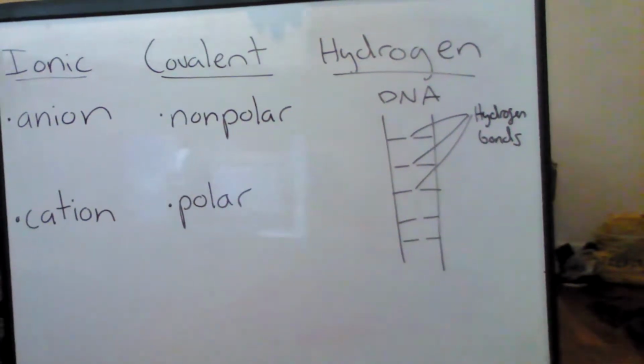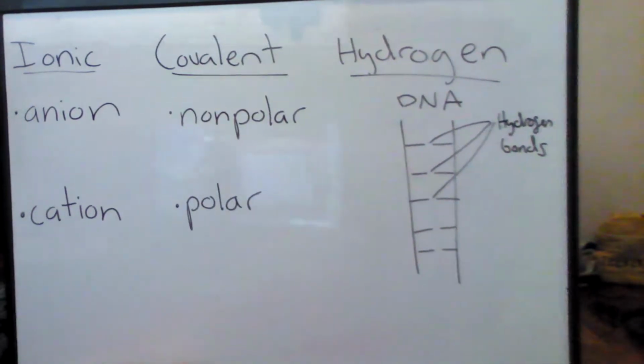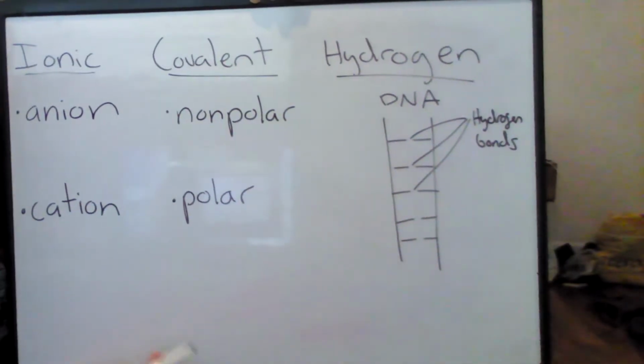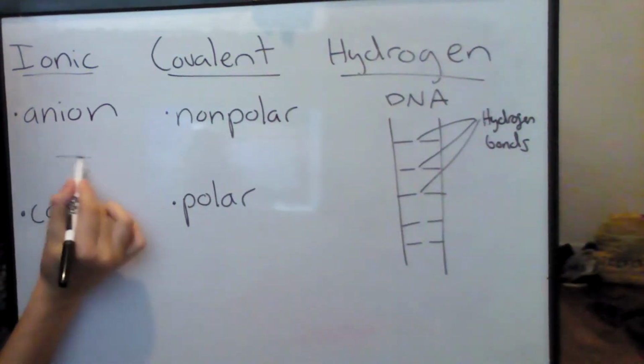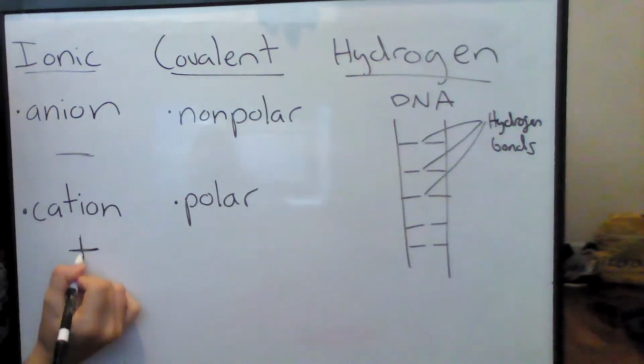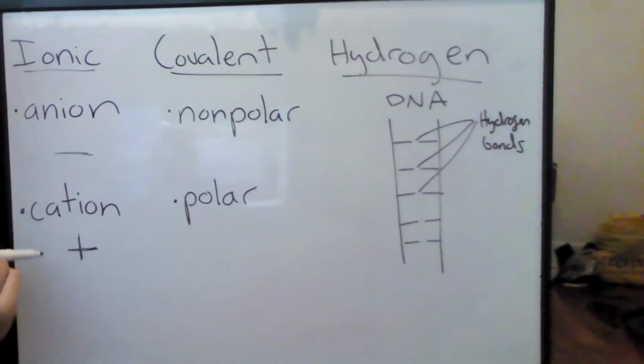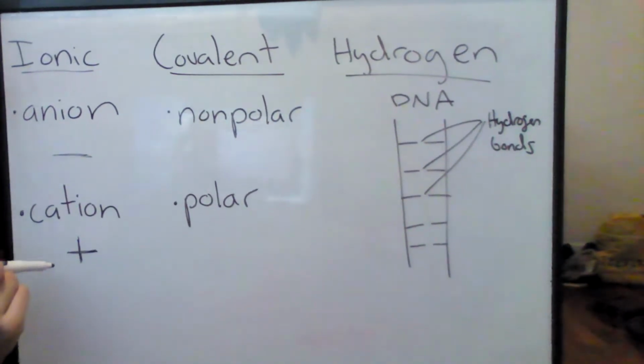There are different types of chemical bonds. There are covalent bonds, which have atoms that share electron pairs. So covalent bonds are nonpolar. They have equal sharing of electrons, so charge balance among atoms.